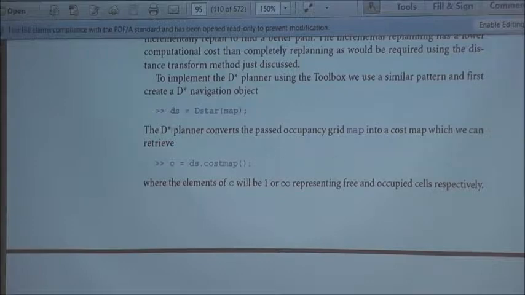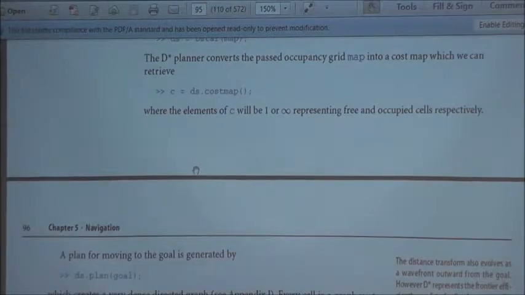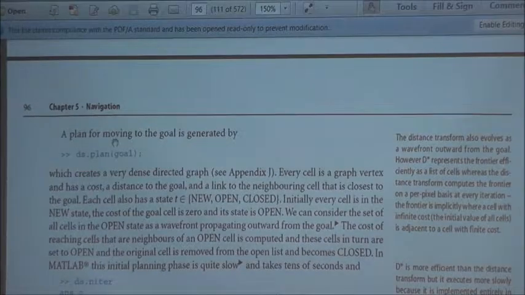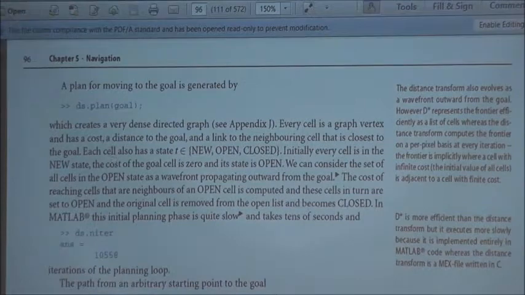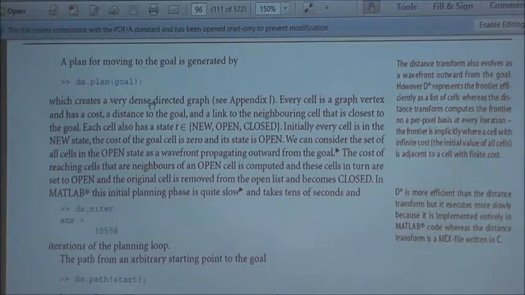And the D star planning converts the occupancy grid map into a cost map, which can be retrieved like this. You look at the cost of the entire path. A plan of moving to the goal is generated by this. Plan and goal.